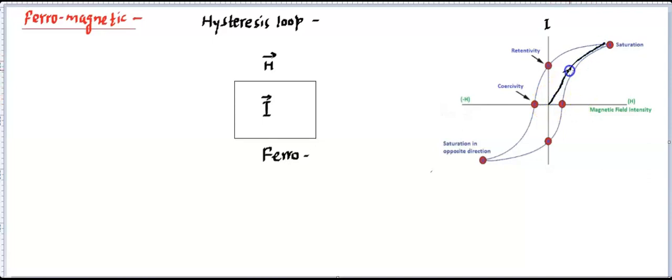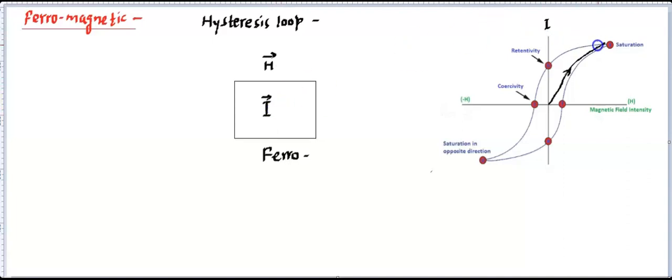So that is initially, when there's no field and the field H is being applied, I is getting induced or magnetized. Now, how this I comes, so far you must have understood that this I comes because of reorientation of the dipoles. Once all of the dipoles are reoriented, then no matter how much we increase H, I cannot increase, because all the dipoles have come into play and they are contributing to this I.